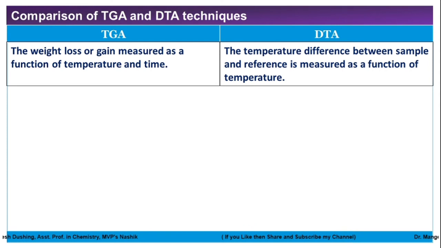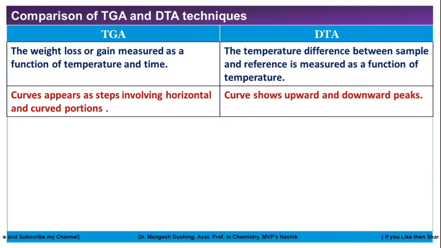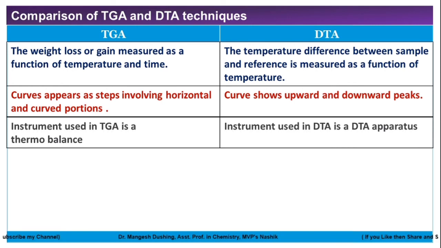While in differential thermal analysis, the temperature difference between sample and reference is measured as a function of temperature. The TGA curve appears as steps involving horizontal and curved portions, while the DTA curve shows upward and downward peaks. The instrument used in thermogravimetric analysis is a thermobalance, while in DTA the instrument used is a DTA apparatus.